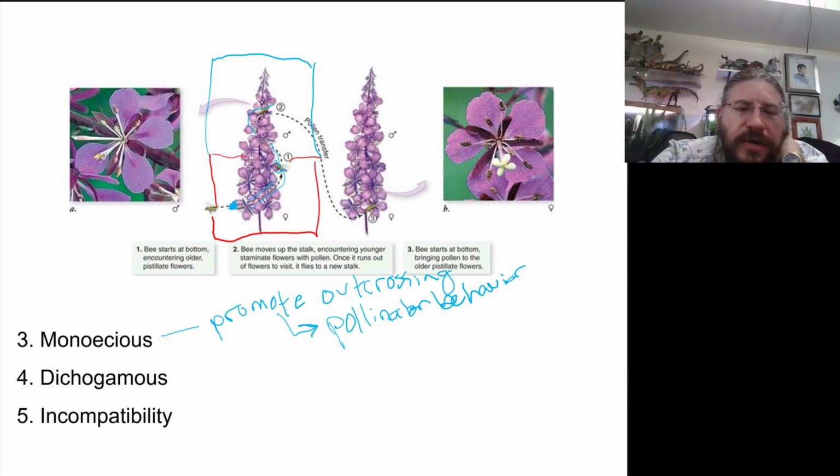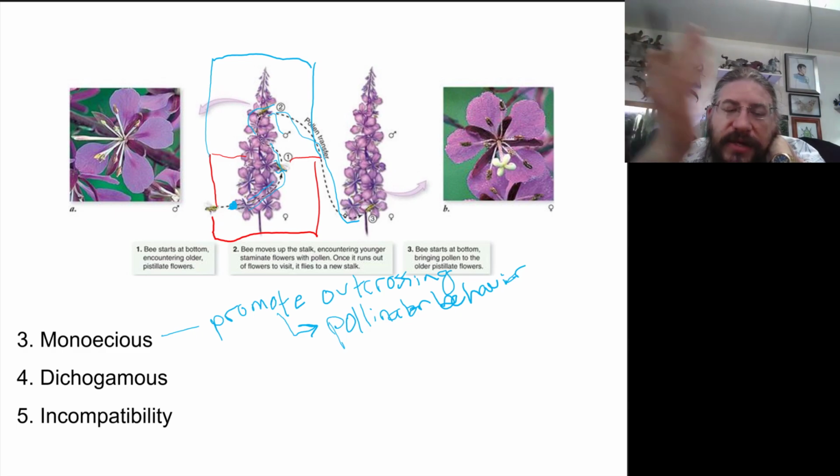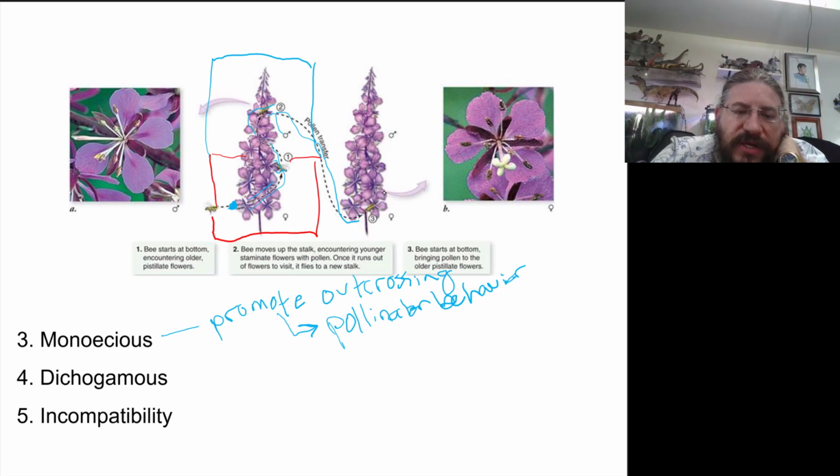And then they encounter the male reproductive flowers up top. And that's where they get the pollen all over them. And then the next plant they go visit will, fingers crossed, be a separate individual. And they do the same thing. They crawl up the female reproductive flowers on the lower end and distribute the pollen from the previous plant.